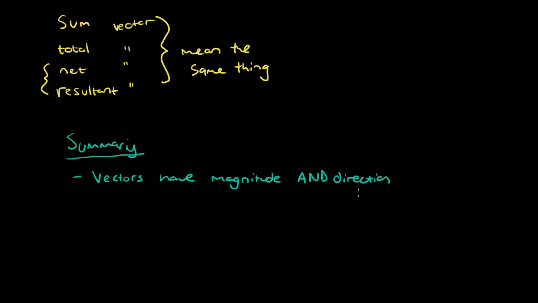Emphasis on the direction, because when we add 2 vectors together, the net vector obviously then has magnitude and direction.